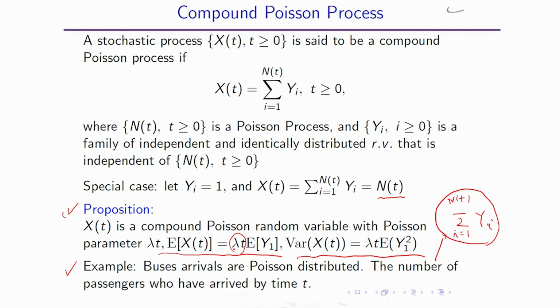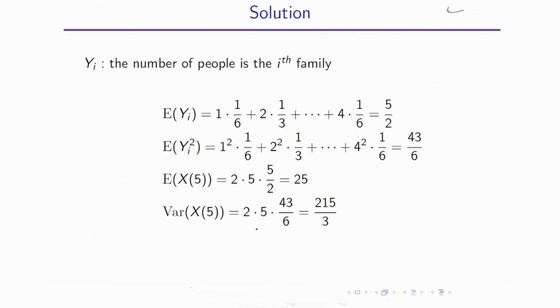Recall that now little t will be 5 weeks, so lambda times 5, times the expectation of Y_1. If we let Y_i represent the number of people in the i-th family, we first calculate the expectation of Y_i, and that would be 5/2. And we calculate the expectation of Y_i squared, and that would be 43/6. Then based on the proposition we just learned, the expectation of X_5 would be lambda times 5, because we are looking at 5 weeks, times 5/2, the expectation of Y_1 or Y_i.